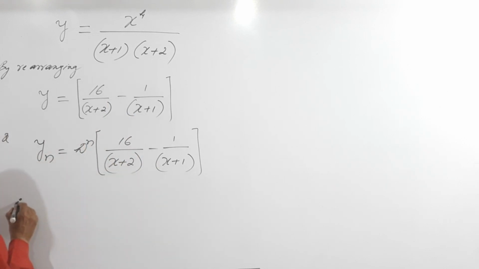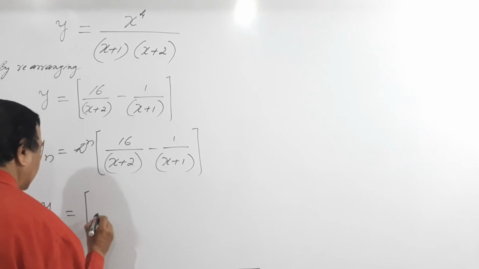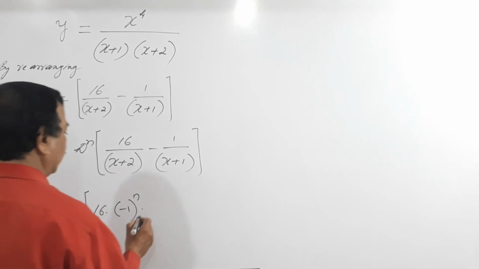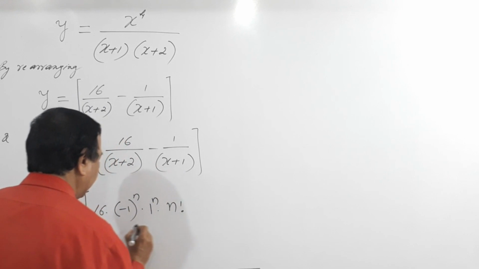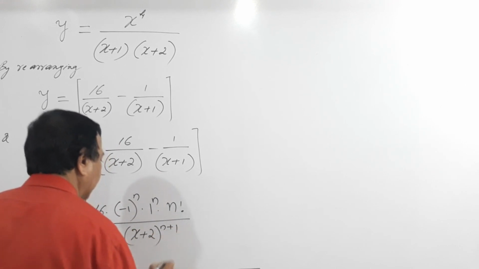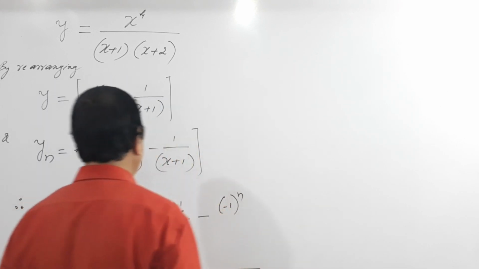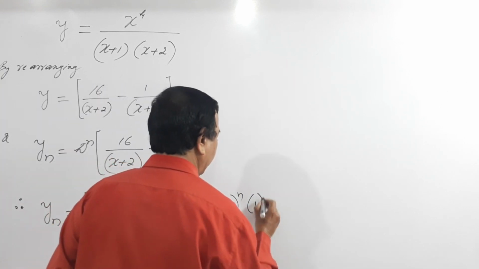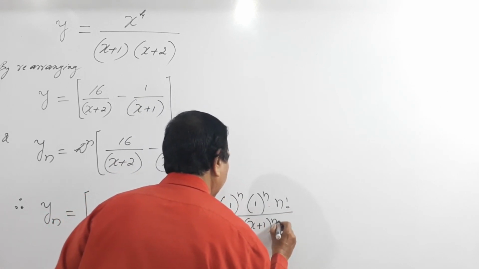So therefore y_n will be 16 into (minus 1) to the power of n into coefficient of x is 1, that is a to the power of n, into n factorial divided by (x + 2) to the power of n plus 1, minus 1 into (minus 1) to the power of n into coefficient of x is 1, that is our a, 1 to the power of n into n factorial divided by (x + 1) to the power of n plus 1.